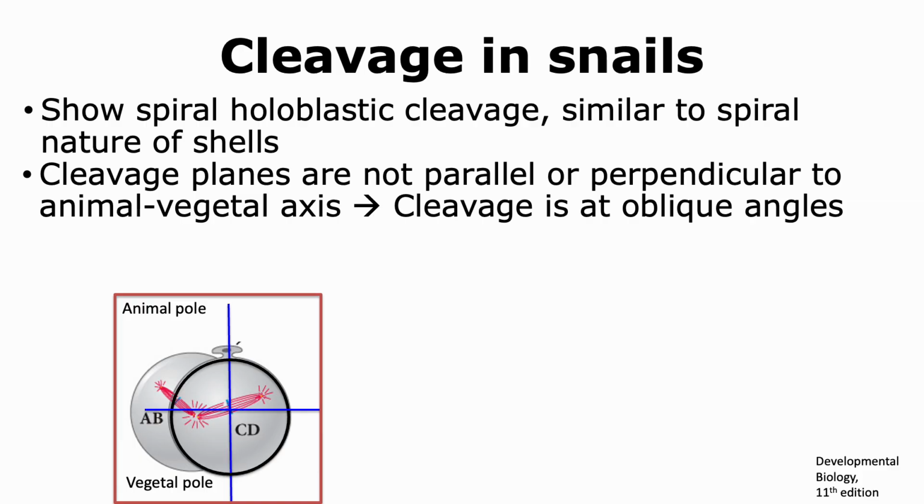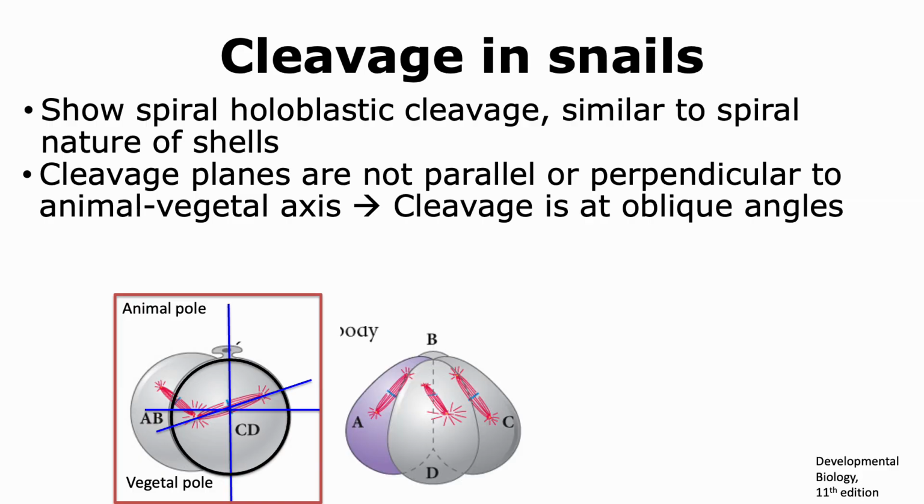Neither is it perpendicular to the animal-vegetal axis. It actually happens in a plane that is at an oblique angle, or at an angle to that animal-vegetal axis. Now when this cleavage happens, we end up with the four-cell stage.